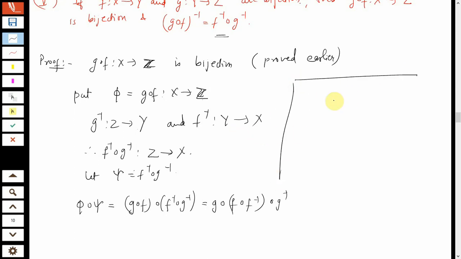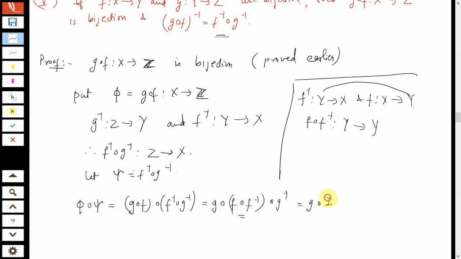F inverse from Y to X, and F is a map from X to Y. So I can define F composite F inverse. This is going to be a map from Y to Y, and therefore this is going to be the identity over Y. So this is the same as G composite identity over Y composite G inverse.